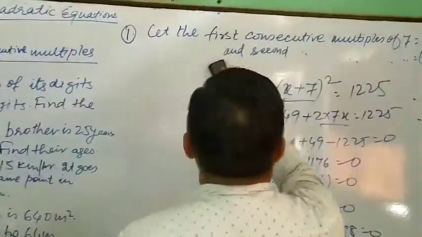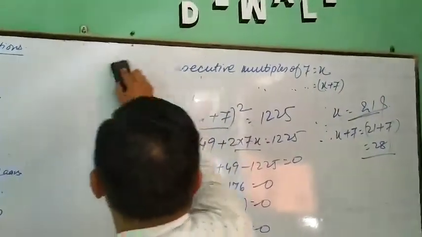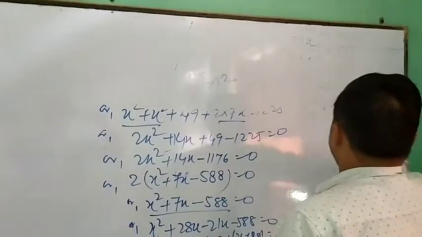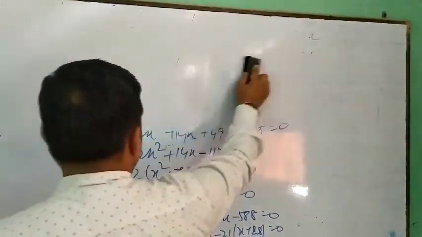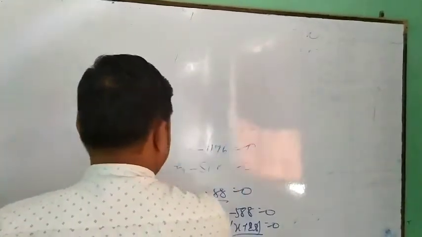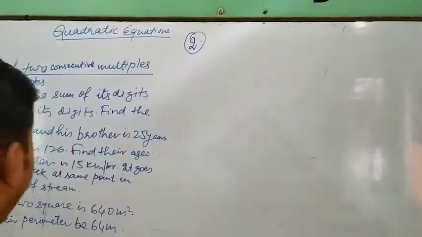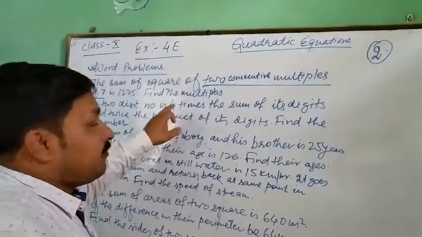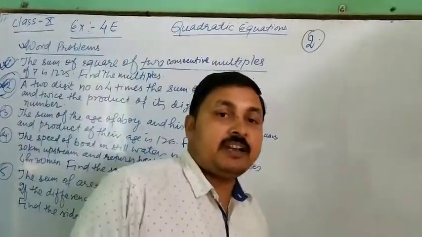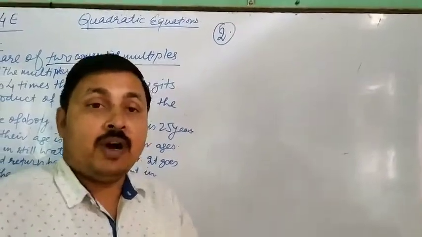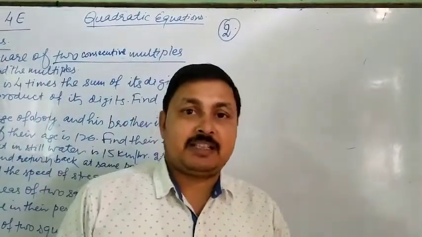The second question is on the basis of digits and numbers. It is a two-digit number. At first, we know that a two-digit number has a ones place and a tens place.